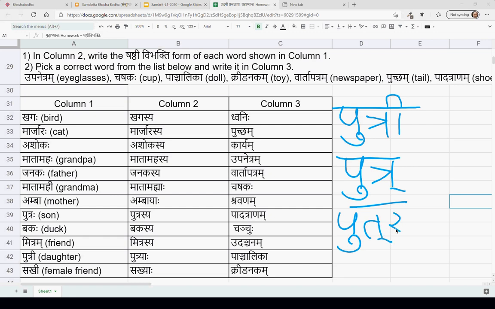So it is Putr. This is because of the lipi, the script, it is written like this: Putr, Refa. Refa means Vyanjana Ra. That is called a Refa in Sanskrit Shiksha.